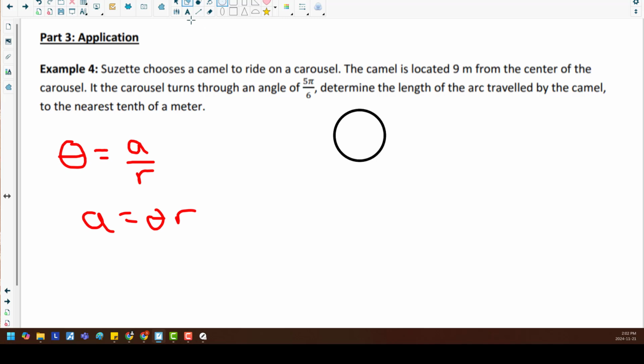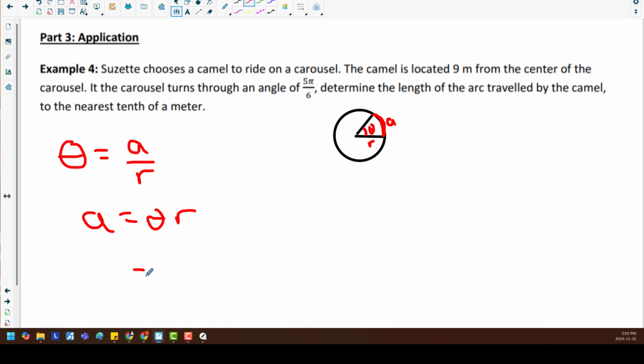So remember, if you have from the center an angle, theta, you have radius, and a is your arc length. It's the distance from here to here. That's arc length, okay? It's kind of like a curved length. All right, so a is equal to theta times r.